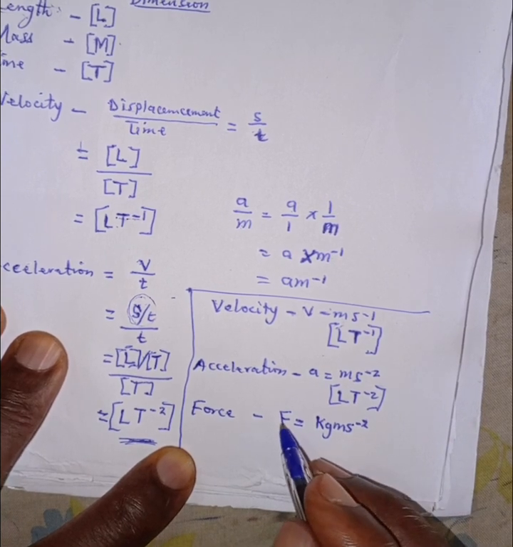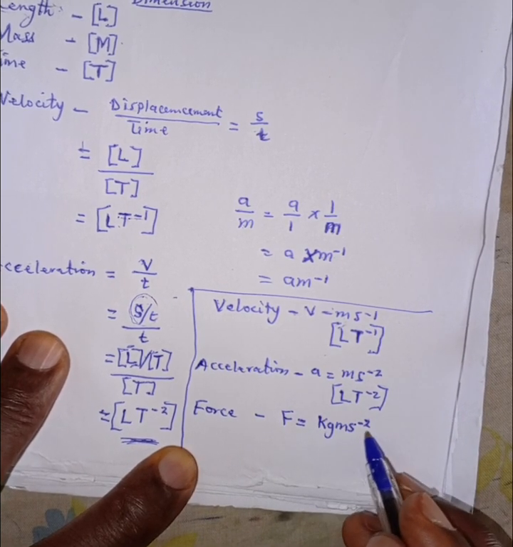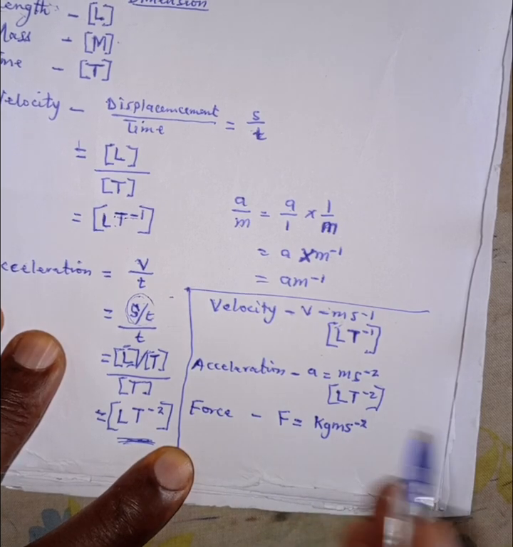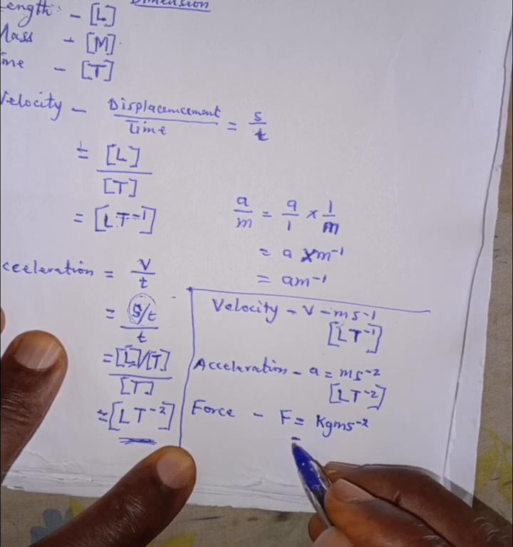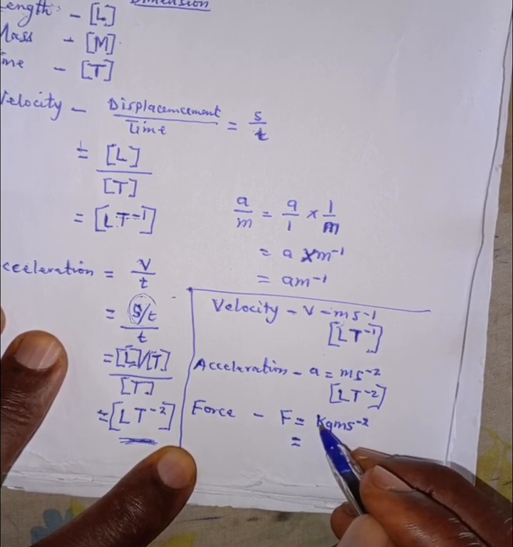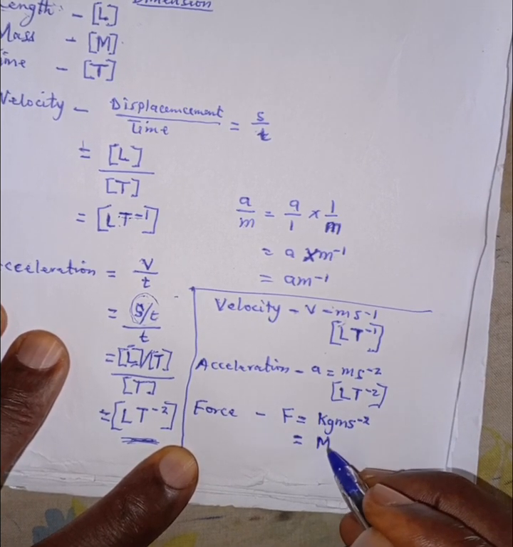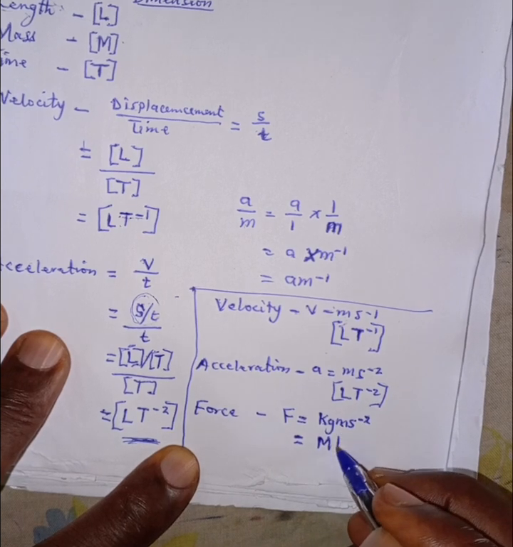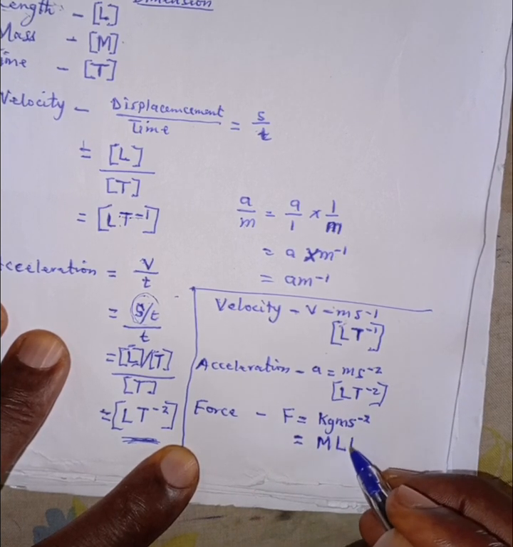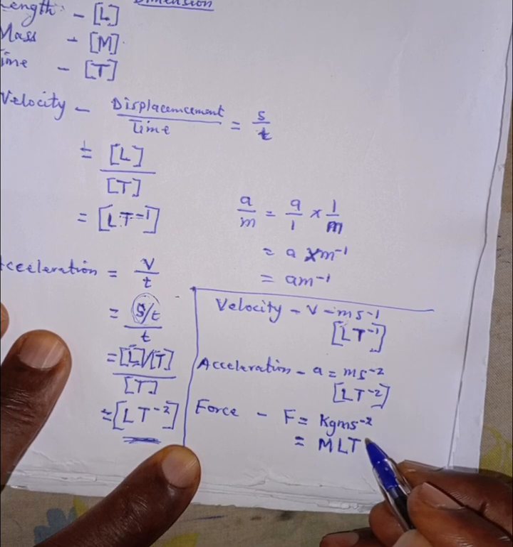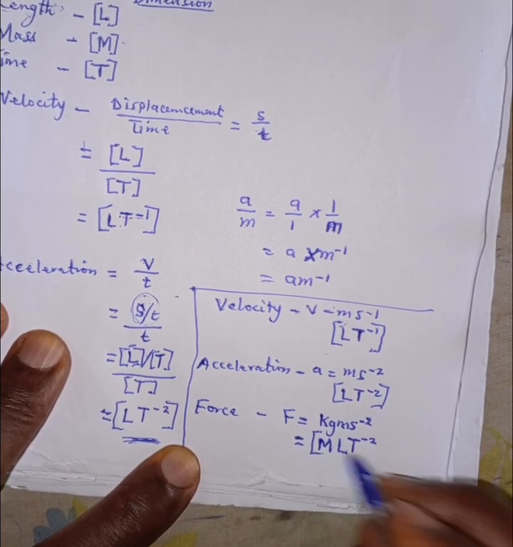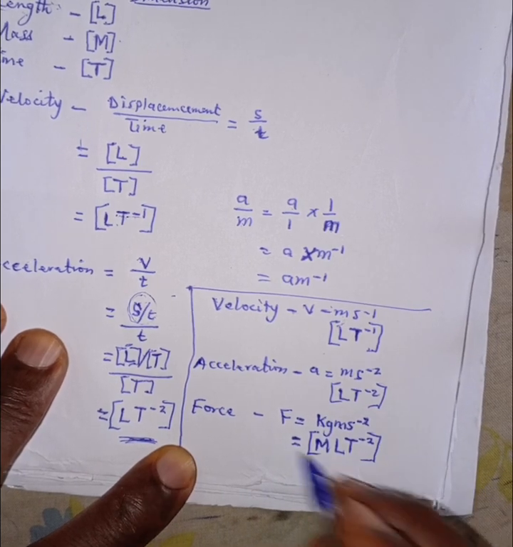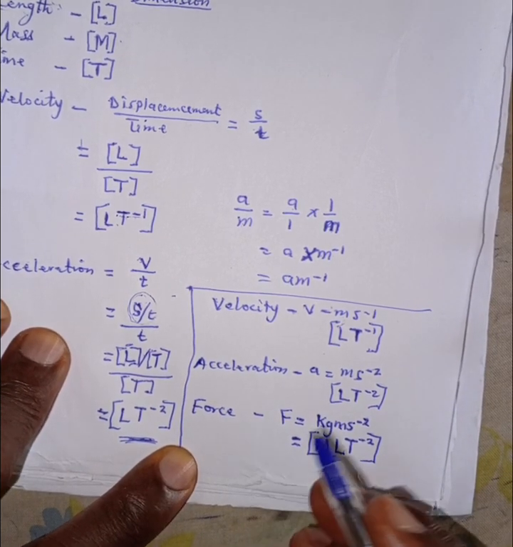Remember that force is equal to mass times acceleration from definition. But this time we are not using the definition, we are just using the practical unit of it, which is kilogram is mass, meter is length, second is time, and we have raised to power minus 2. So you put everything in square brackets, and you have your dimension for force.